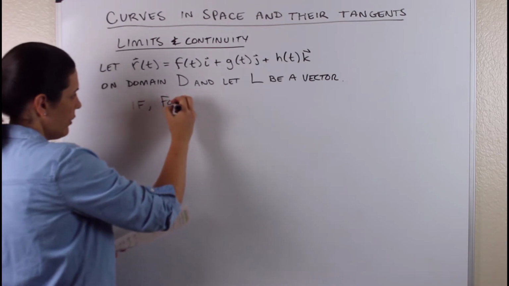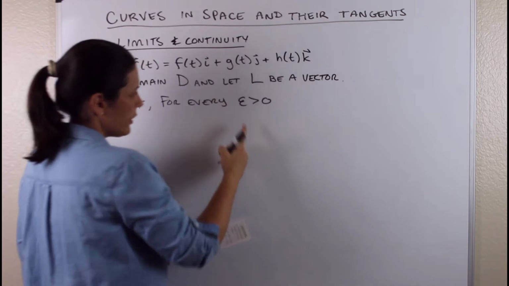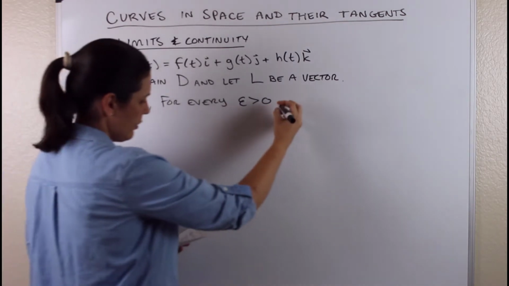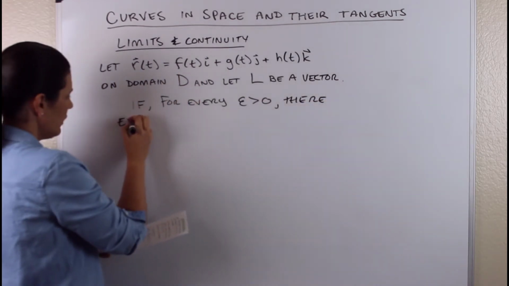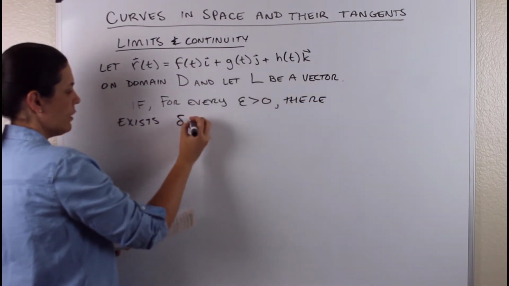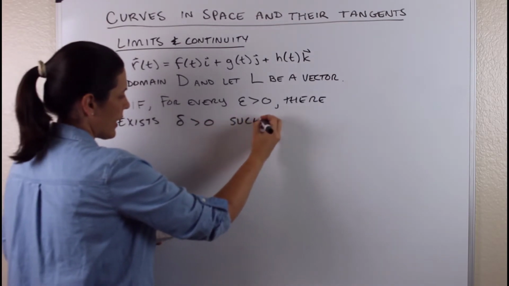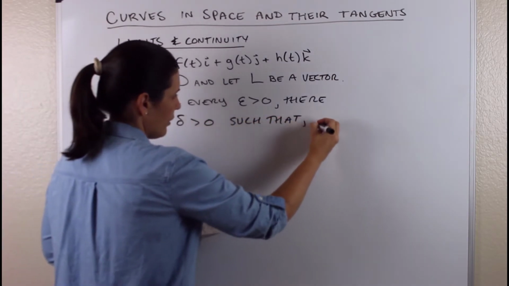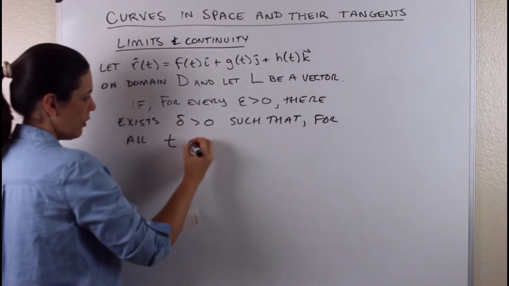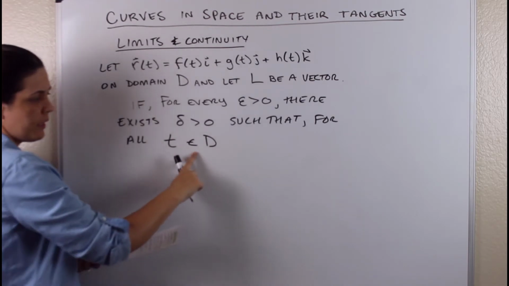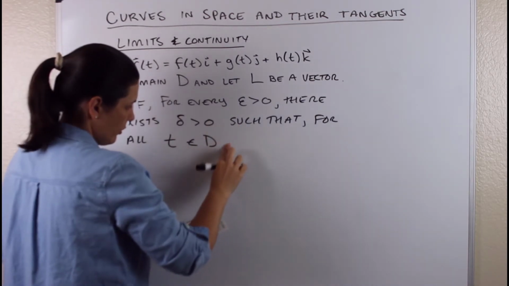If for every epsilon greater than 0, so this is Greek epsilon, there exists delta greater than 0, so Greek delta, such that for all t belonging to our domain, then the following is true.